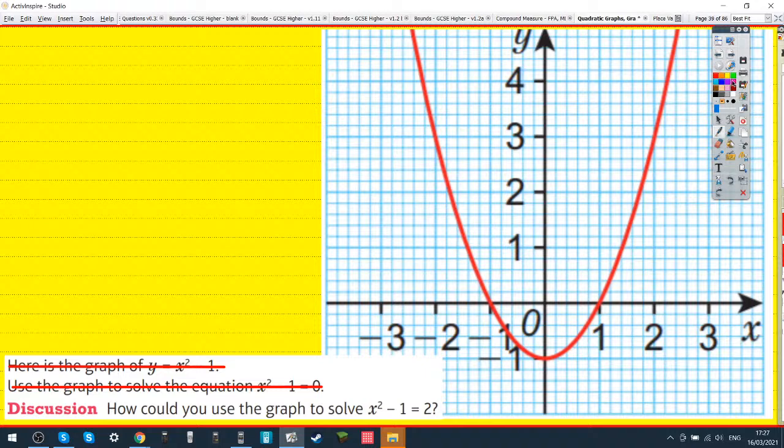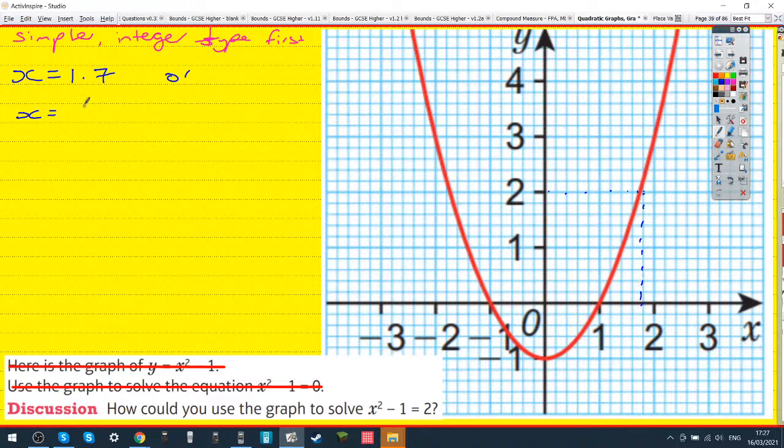Okay. So from equal to 2, would it be 1.7? 1.7, yeah, looks about right. And then 1.7 again?